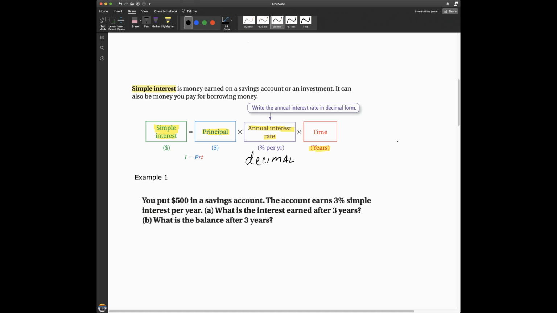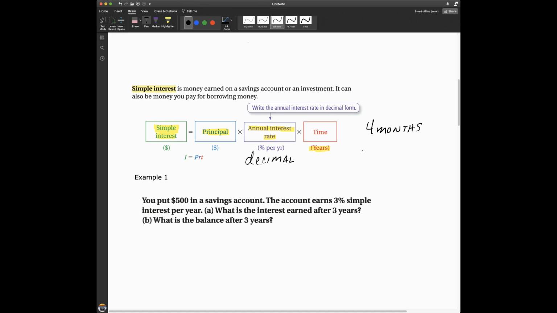Well, Mr. Odom, what if I have a loan and it's only 4 months? How do I turn 4 months into a year? That's what I want you to tell me. How do you turn 4 months into a year?